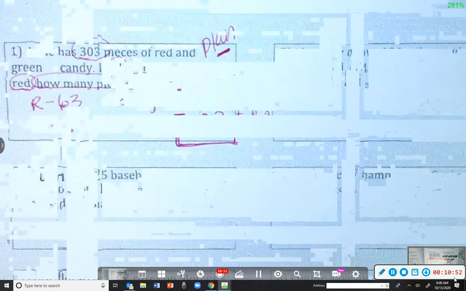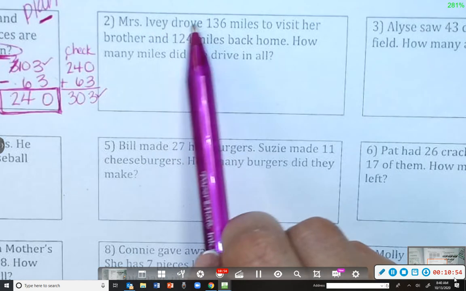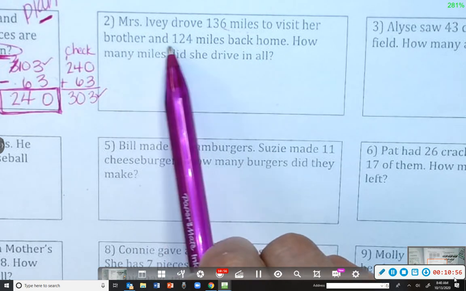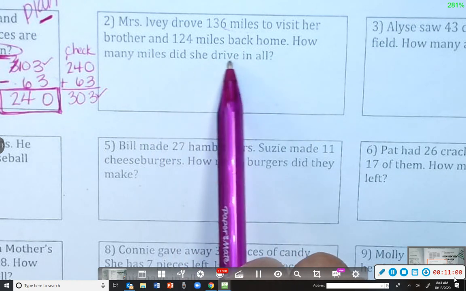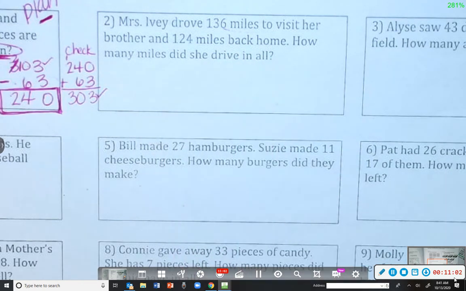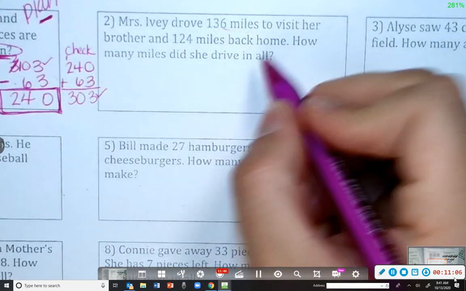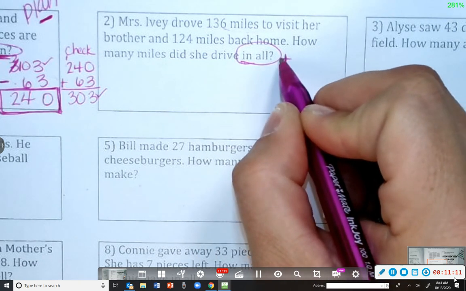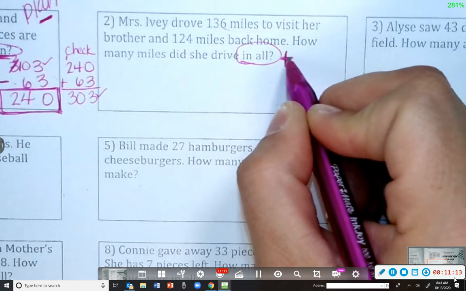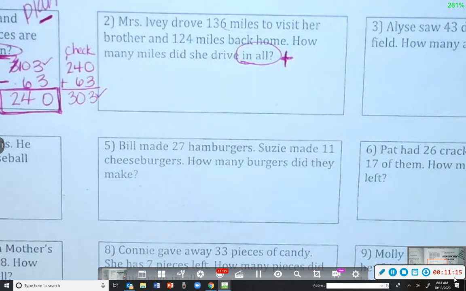Okay, Mrs. Ivy drove 136 miles to visit her brother and 124 miles back home. How many miles did she drive in all? And did we hear something in there when I read that question? In all. Okay? So I'm going to put a little plus sign because I know that that means to add. Now let's keep going and finding the important information.